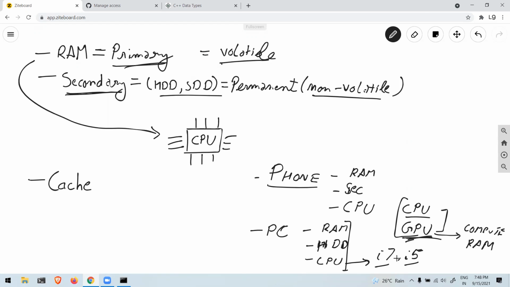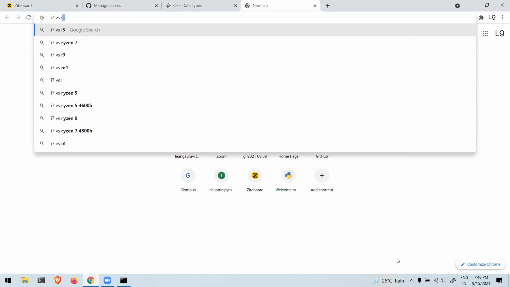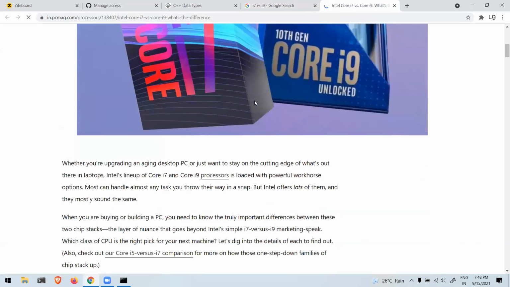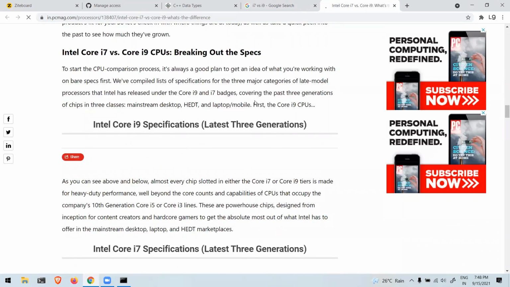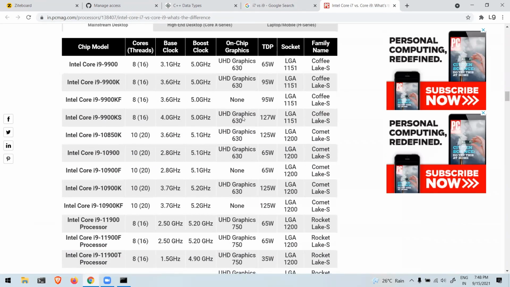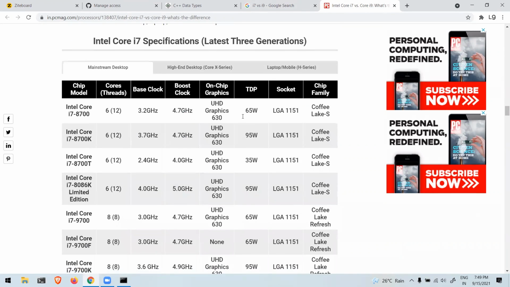So let's take the latest things, i7 versus i9. Let's pick some website. I think it won't give you good detail about it. Okay, what I'm looking for is probably not available here.